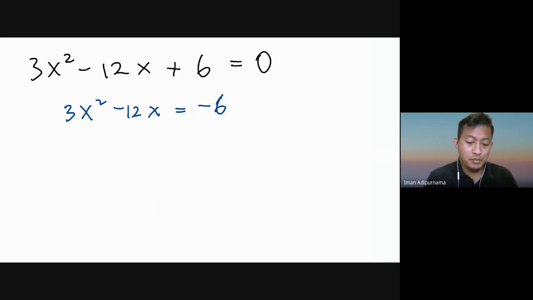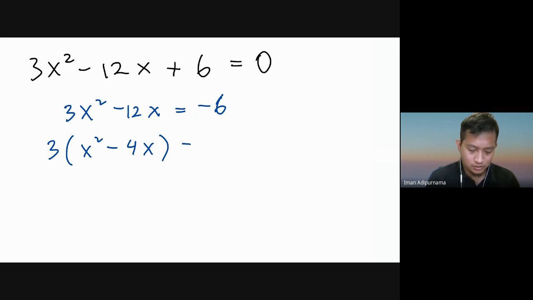So maybe we can group the left side with 3x squared and minus 12x, and negative 6 on the right side. Okay, and then I factorize 3, and then I have this x squared minus 4x.